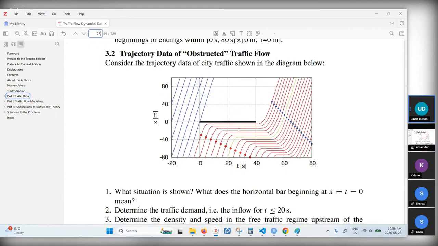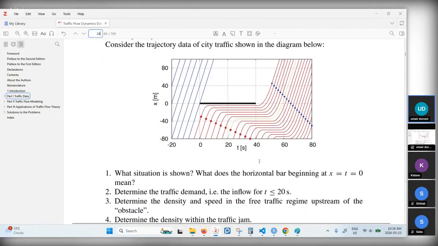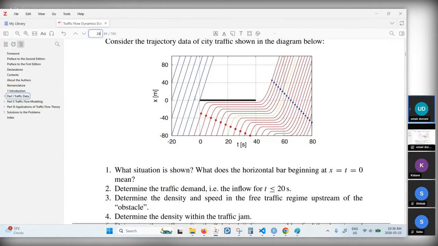What does the horizontal bar beginning at? Yeah, so I think that answers the question. So upstream of this traffic light, we have vehicles that are traveling at their free speed. We can see that the gradient of these trajectories is higher compared to these trajectories that are completely stopped. So their gradient is similar here, but when they approach the traffic light, they completely stop.